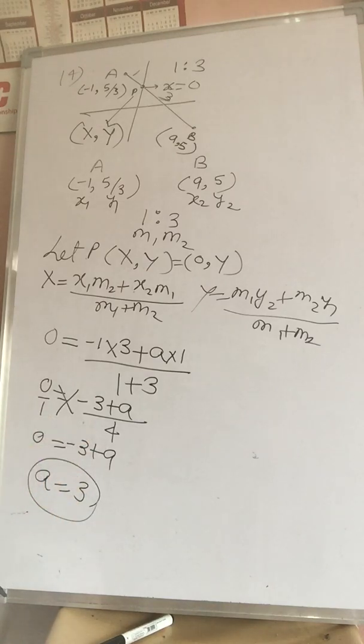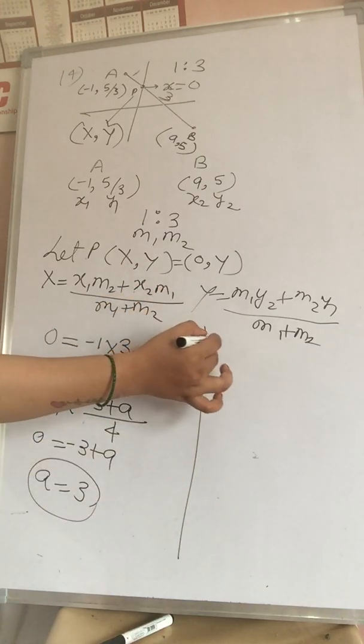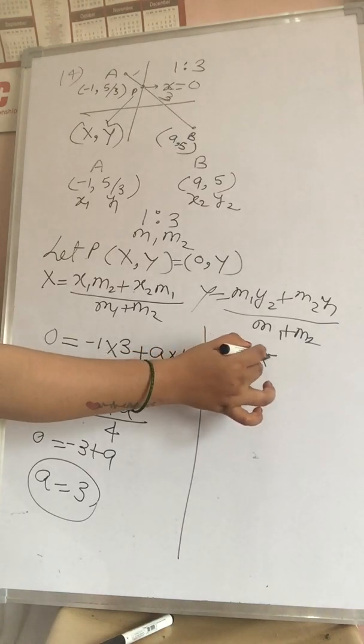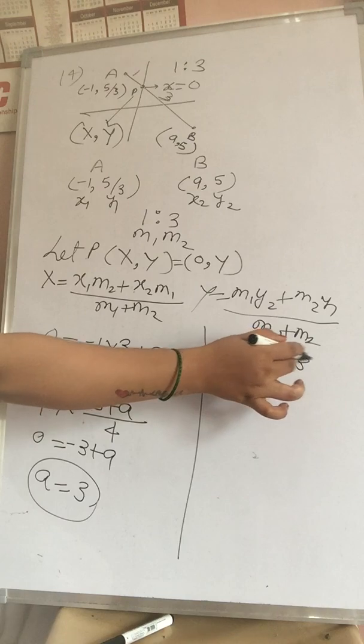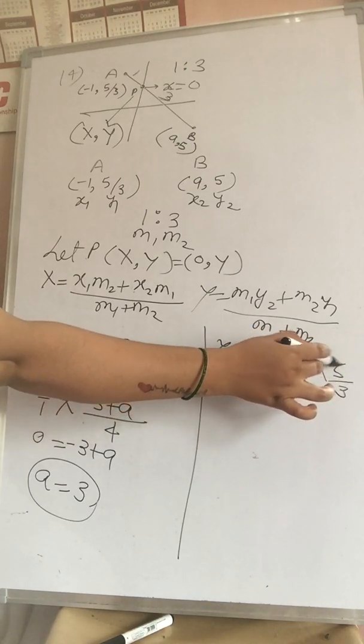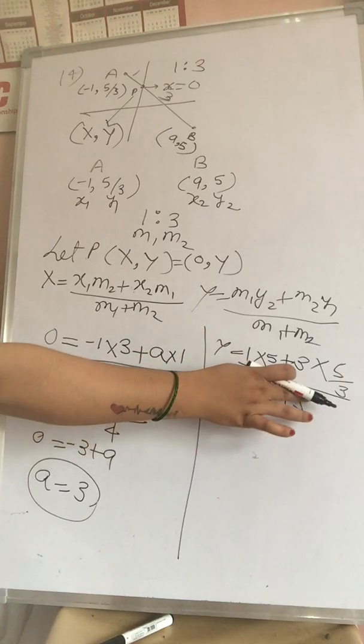Now we have to get the value of A and calculate the coordinates of P, so we also have to get the value of y. In place of m1, 1, y2 is 5, m2 is 3, y1 is 5/3, upon 1 plus 3.